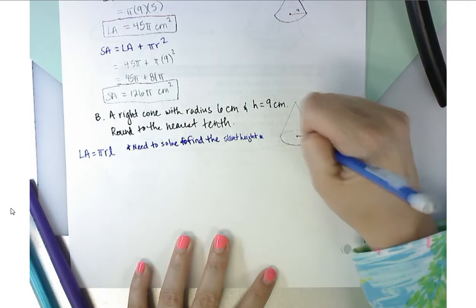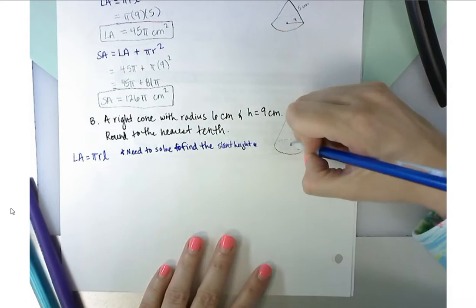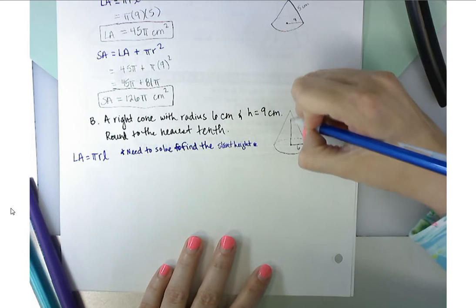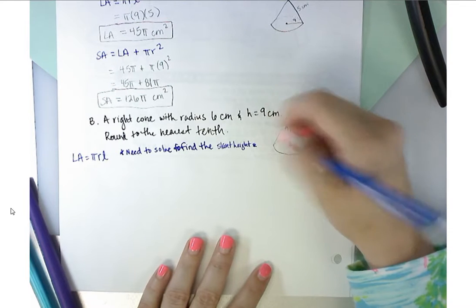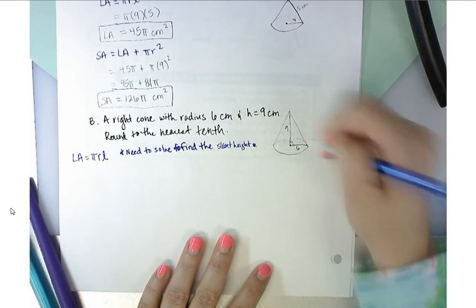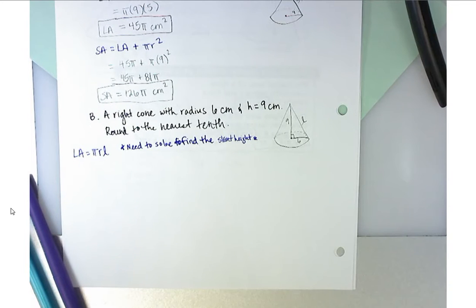The radius is 6 centimeters. And the height goes from the center to the top. That's 9. And remember, because it's the height, you are going to have a right angle there.